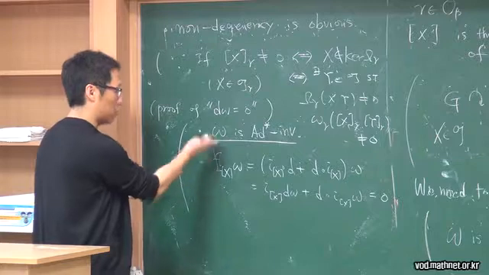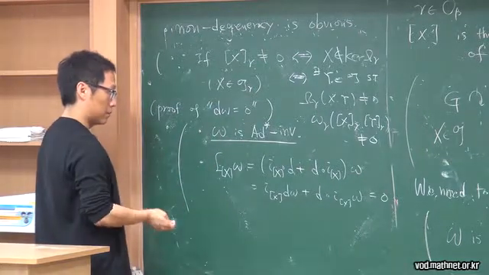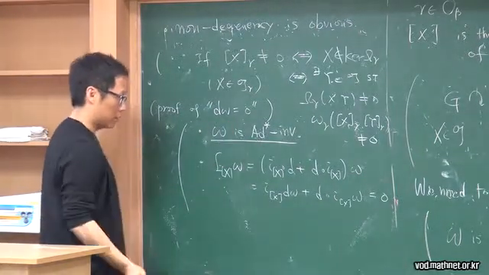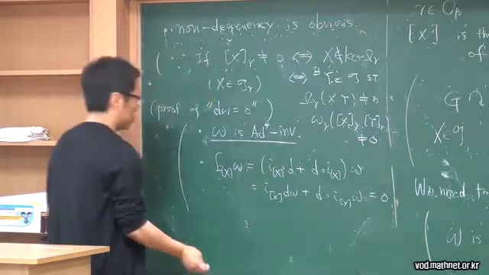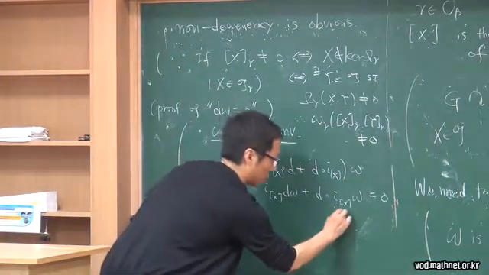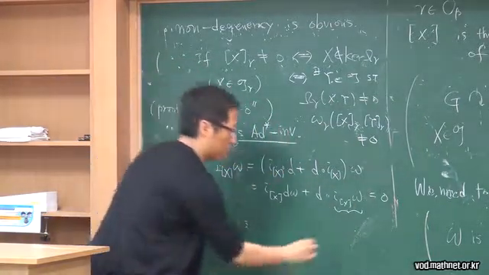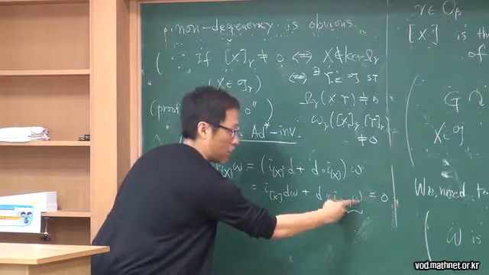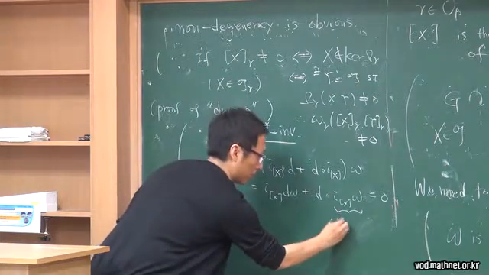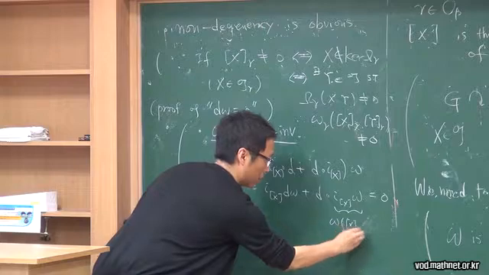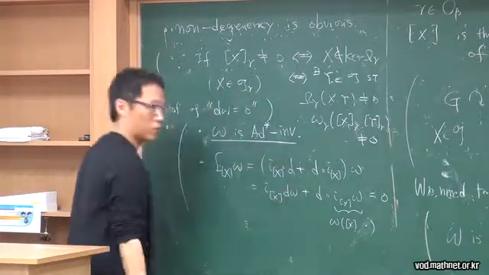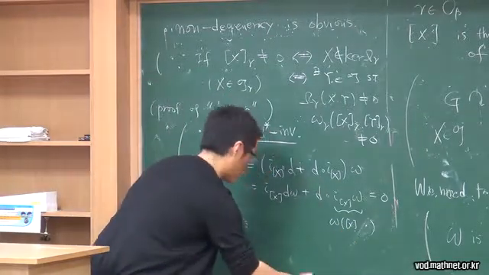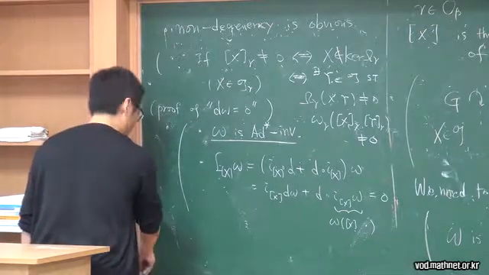This is actually the definition of the Ad-star invariance. So actually we can prove that this is a one form. This is nothing but omega x bracket point.